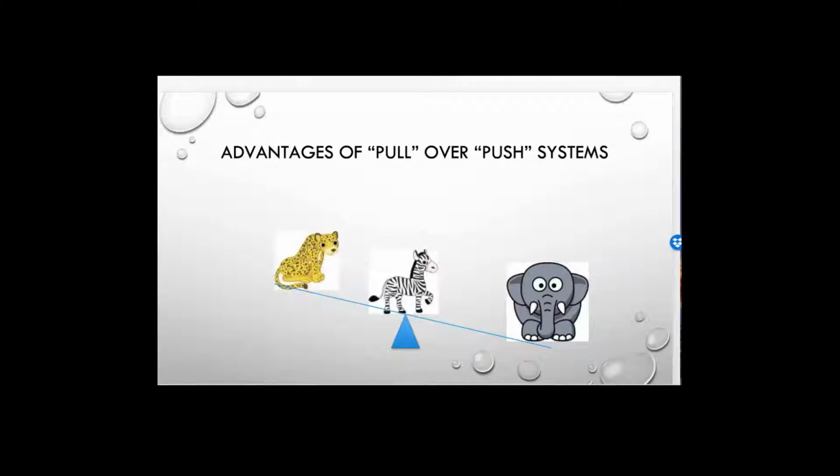But what happens if all of a sudden the elephant product becomes a cheetah product? All of a sudden we have a very slow moving product that instantly flies off the shelves. In a push system, we won't see this happening until our forecasting tells us the problem exists.